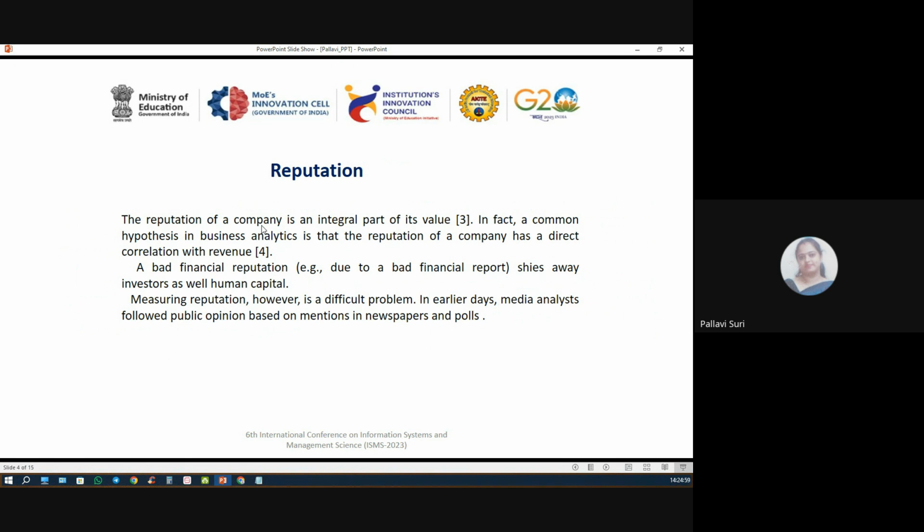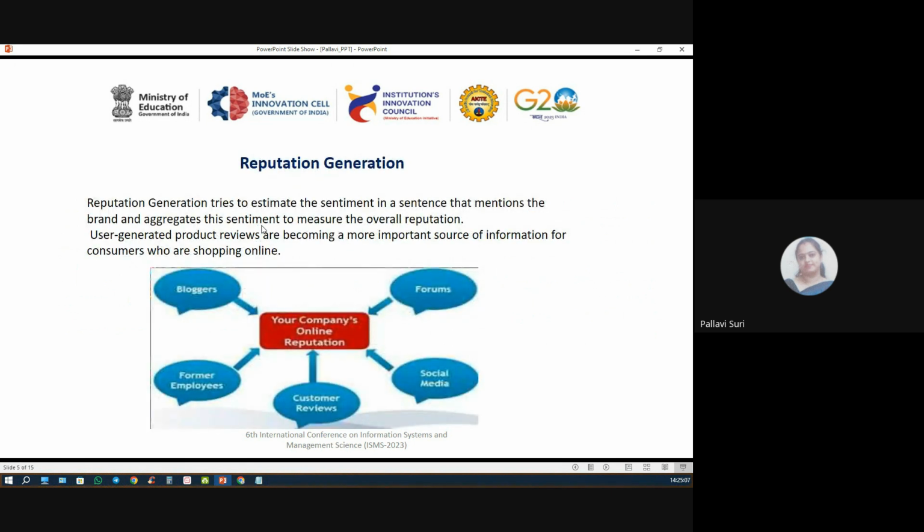In earlier days, media analysts followed public opinion based on mentions in newspapers and polls. Reputation generation tries to estimate the sentiment in the sentences that mention the brand and aggregate the sentiment to measure the overall reputation.